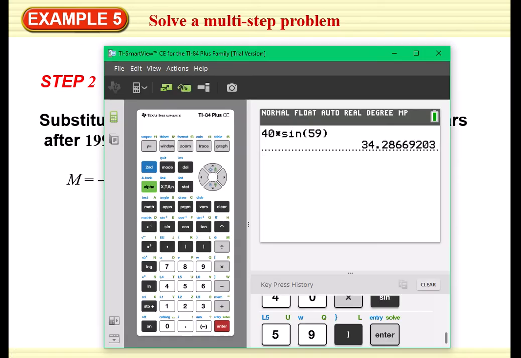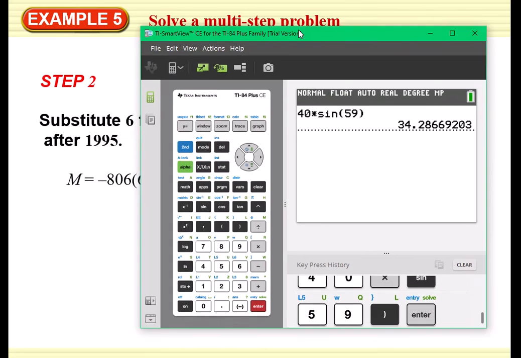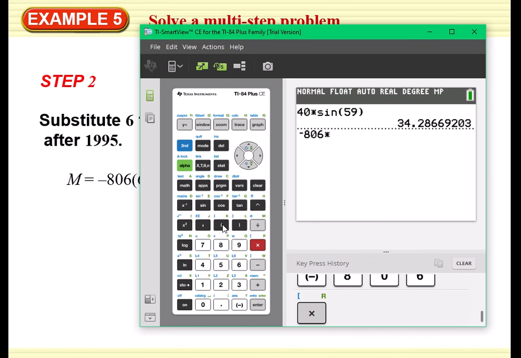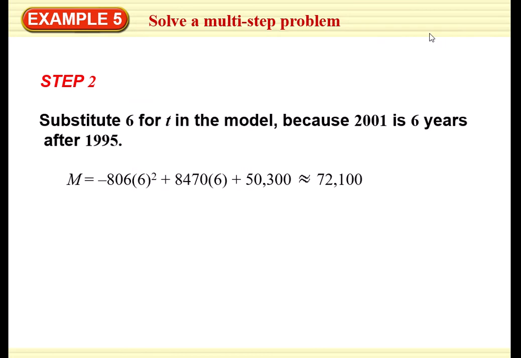So if I were to type this into my calculator, I would have negative 806 times, and I would put this in parentheses here, 6, and whether you are using the caret and putting in a 2 for squared, or whether you are using the actual x squared button, you need to make sure that you are correctly typing all of that in.